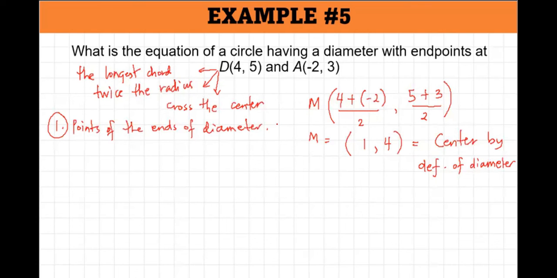And you only looking for 1 radius. Or, you can use the distance from the center, since nakuha naman na natin yung point ng center, to any one end of the diameter.